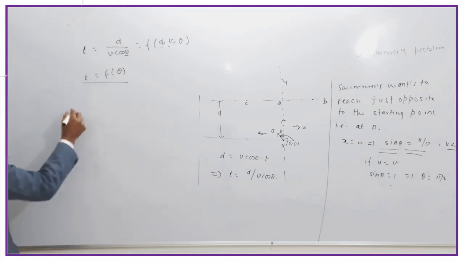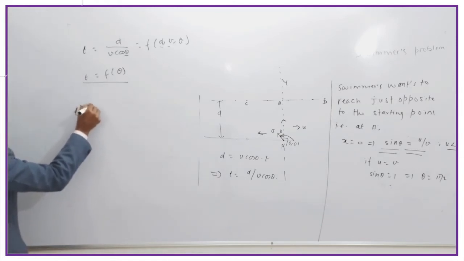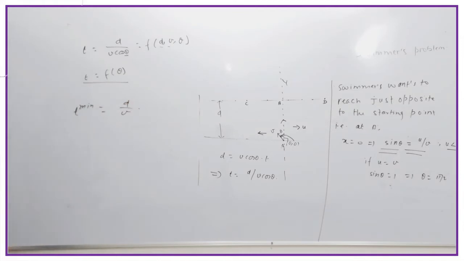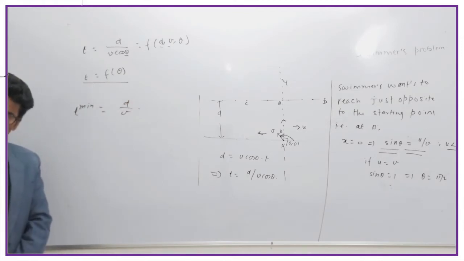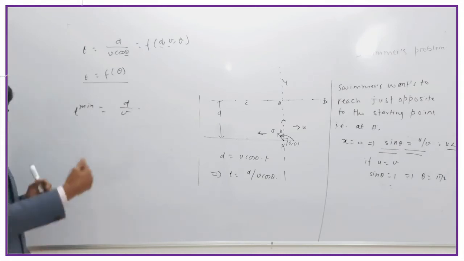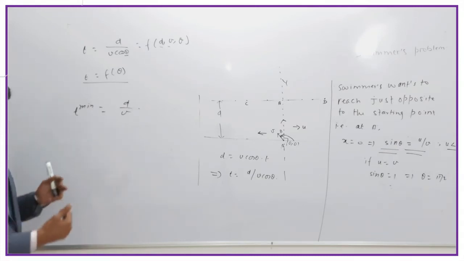Put the maximum value, get T minimum. T minimum comes out to be d over v. Now we want to use this to find the x coordinate, that is called drift.